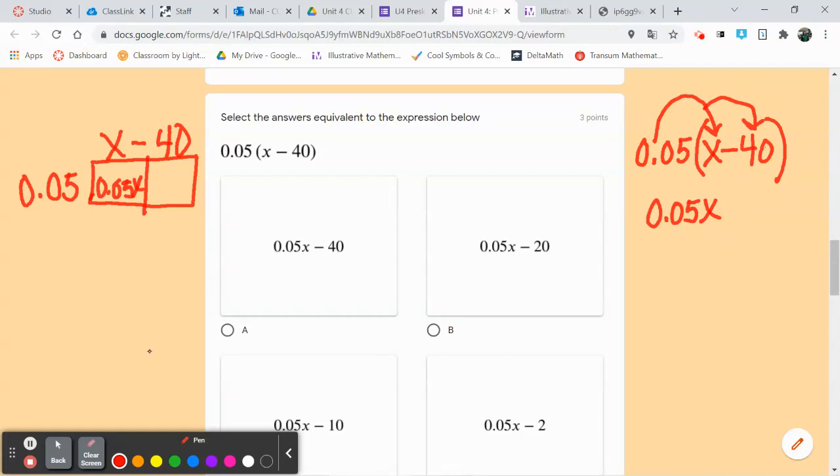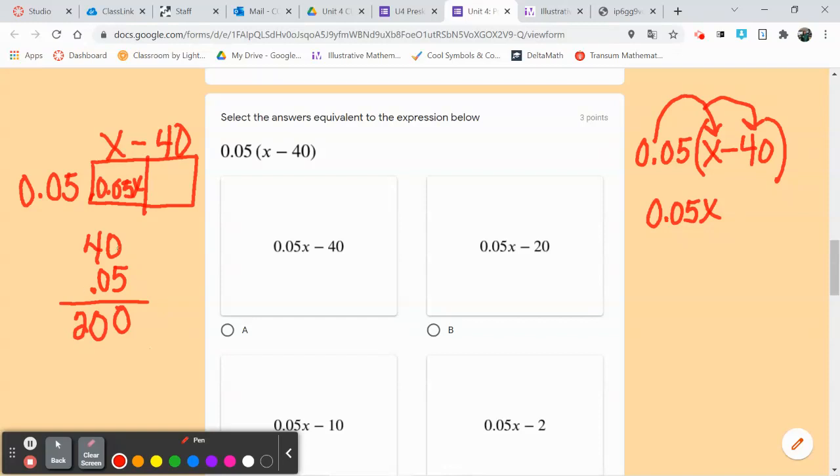0.05 times 40. And we can do that out the long way. 40 times 0.05. 5 times 0 is 0. 5 times 4 is 20. Okay? I already know that I need to have 2 decimal places.